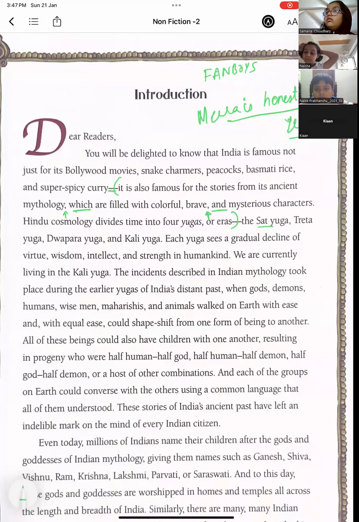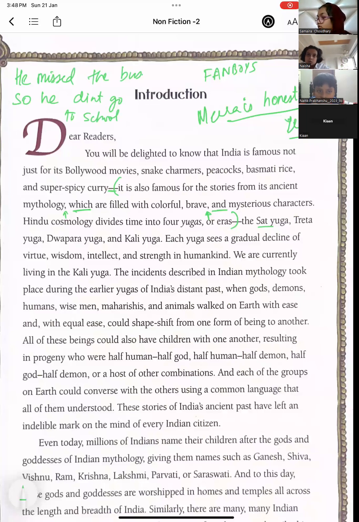Now, if I say, he missed the bus, he didn't go to school, full stop. Will I use a comma over here? Kids, "so" is a coordinating conjunction, and I will be using a comma here.